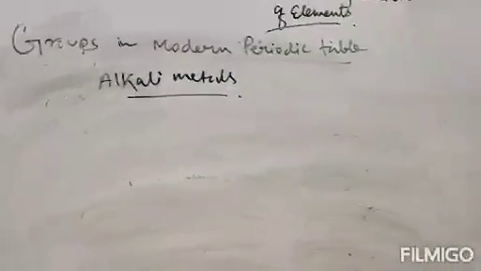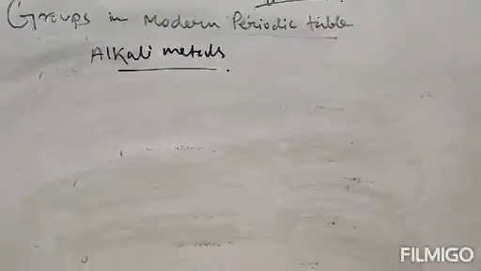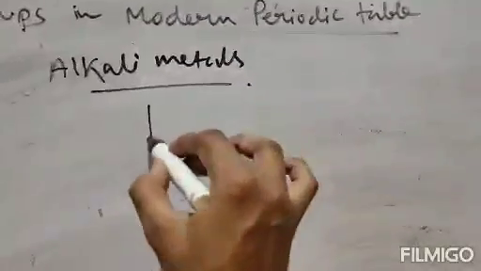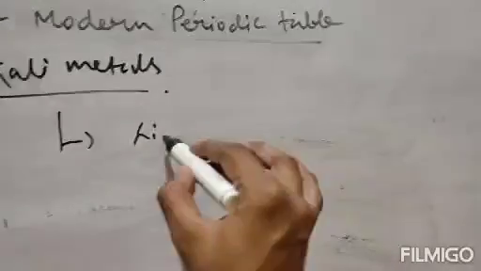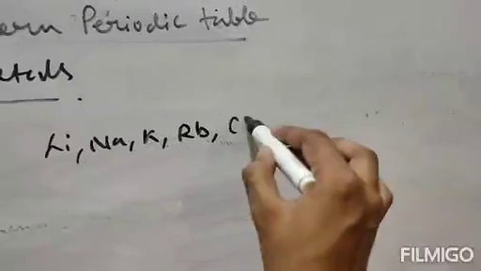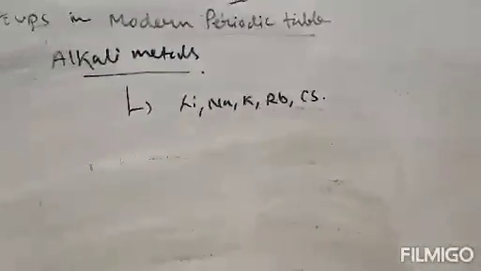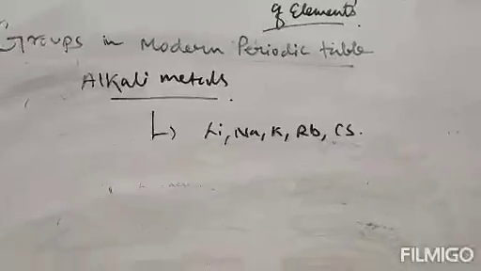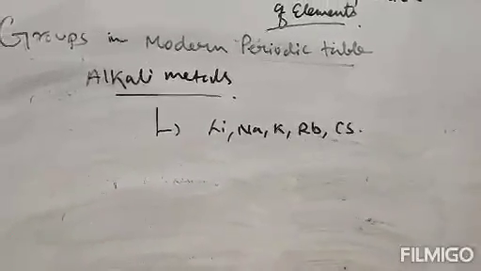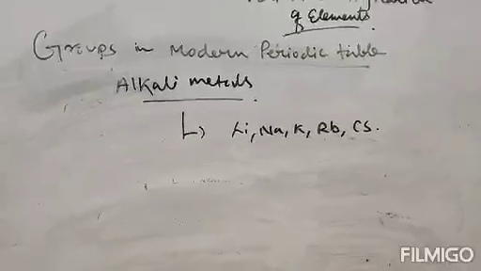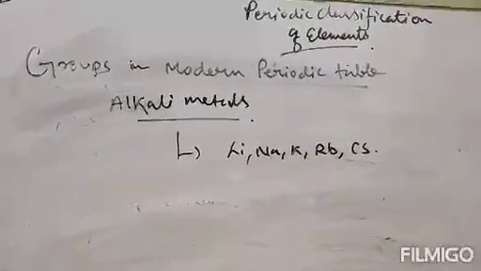The elements in the first group, group 1 elements, start from lithium: lithium, sodium, potassium, rubidium, cesium. These elements are called alkali metals. They are contained in the first group, group 1 elements.